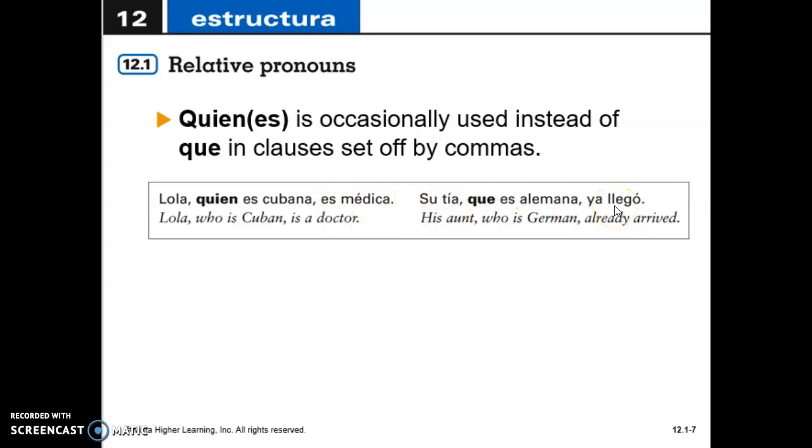I am just throwing in a little bit of extra information, and I'm saying that Lola is a doctor, but she's also Cuban. And over here, the aunt has arrived, and this aunt is German. So I'm just throwing in that extra piece of information, and that goes in between those commas. But like I said, if we remove that piece of information, the statement is still clear.